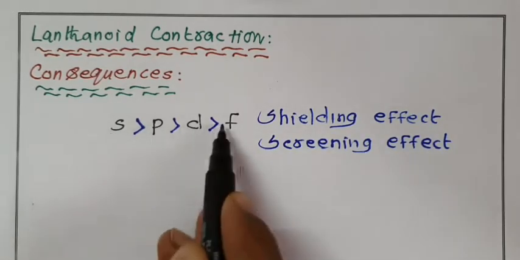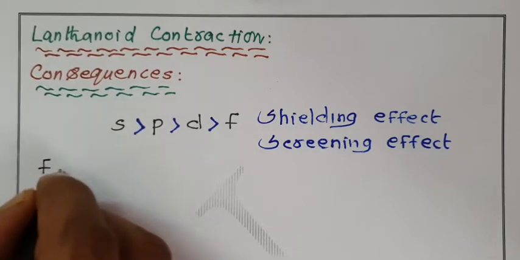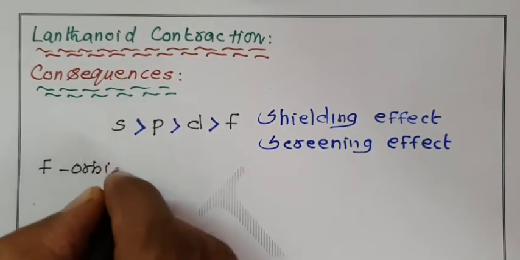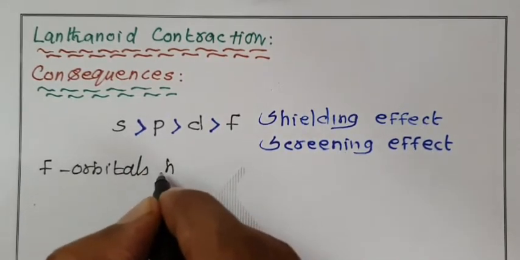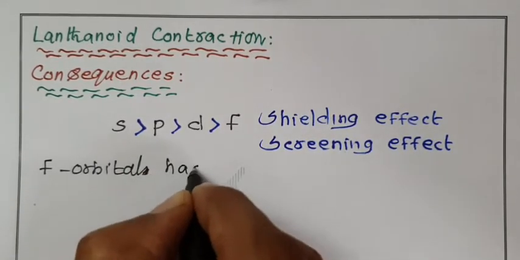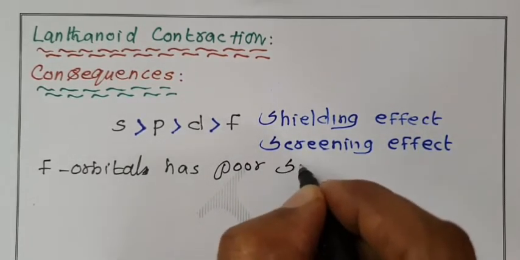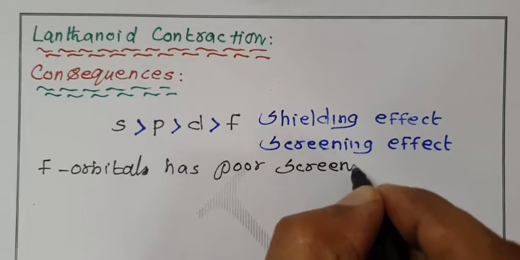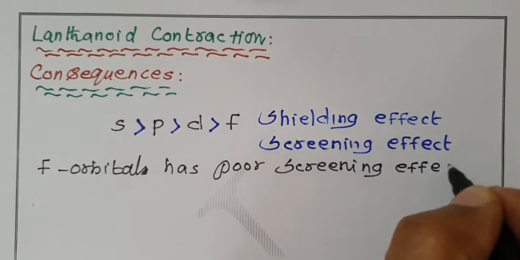So, from this order we can understand the f orbital has poor screening effect or shielding effect. Among the four orbitals, the f orbital has very poor screening effect.